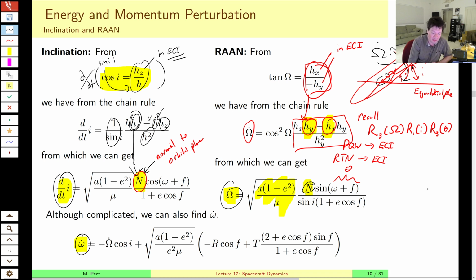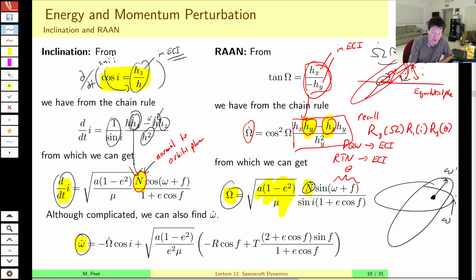So if you think about it, here's your orbital plane, here's your planet, here's perigee. This is where the argument of perigee is. What's going to force that perigee to move over here? What forces that perigee?